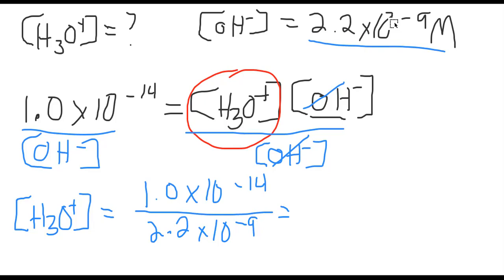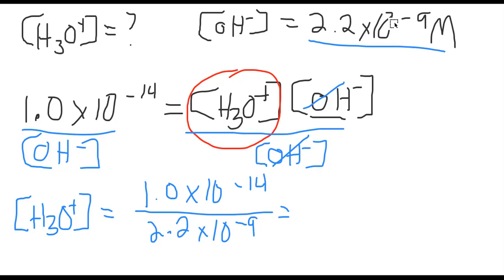So let's see, we have 1.0 times 10 to the negative 14th. We're going to divide that by 2.2 times 10 to the negative 9th. So entering that into my calculator, how many sig figs are we looking at? I think just the 2, it looks like.